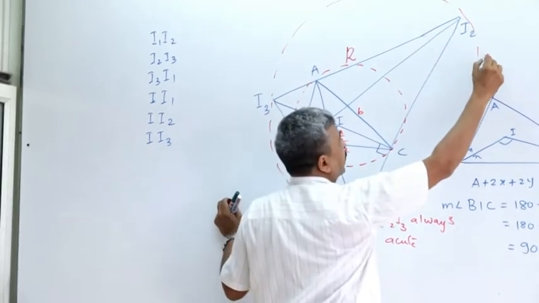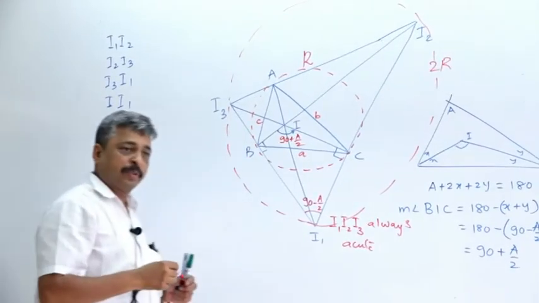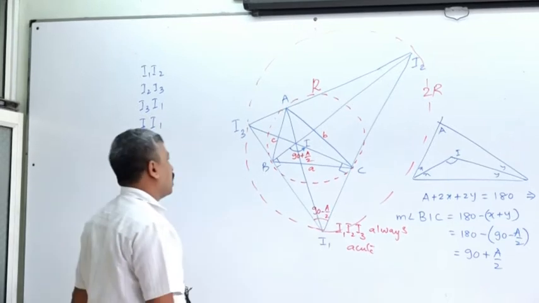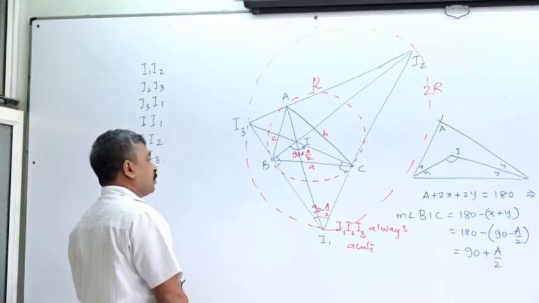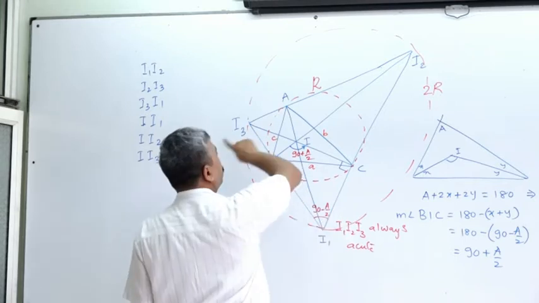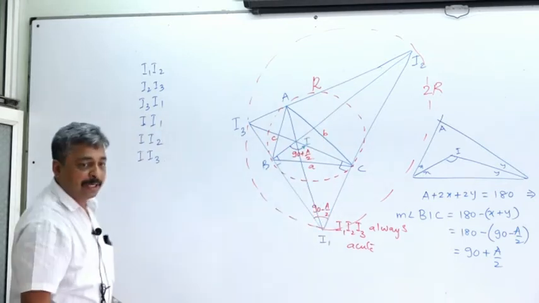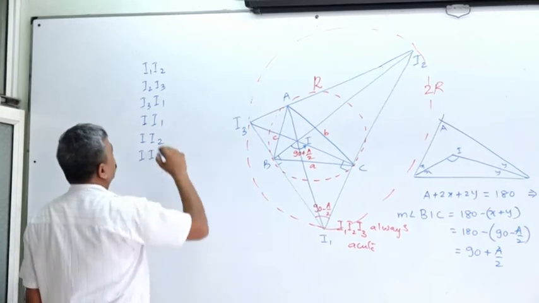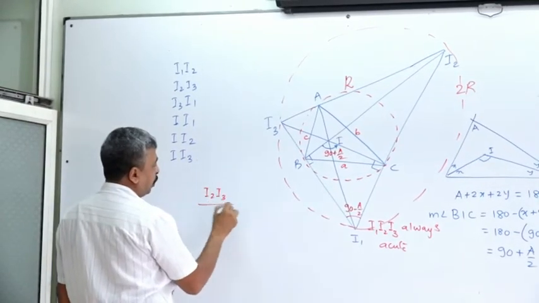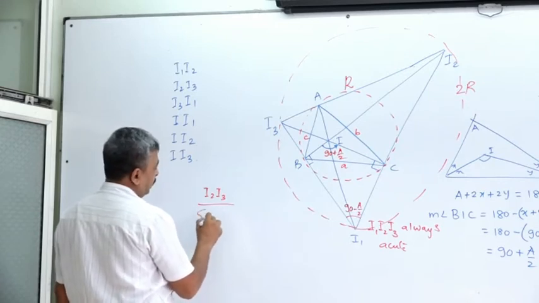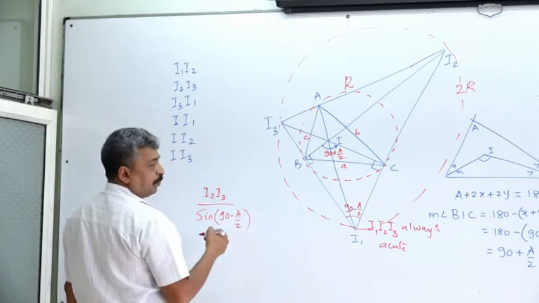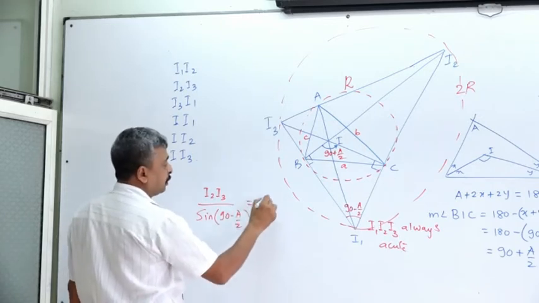So, if the circle radius is 2 times r and this angle is 90 minus A by 2, then we should be able to write down distance I2 I3 using sine rule. So, I2 I3 upon sine 90 minus A by 2 is equal to 2 times 2r.